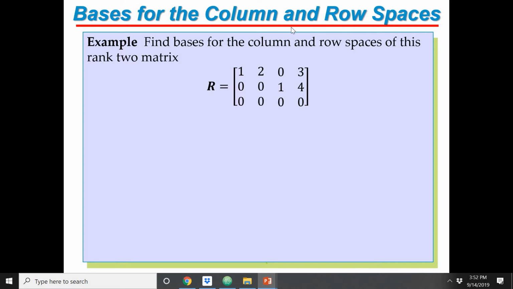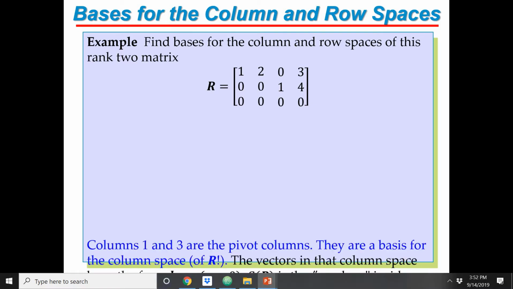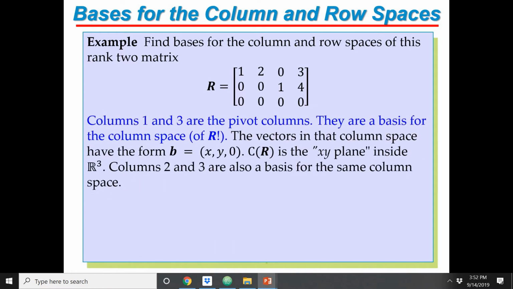Now, if you want to have a basis for the row space of A and R, you can take as a basis the vectors 1, 2, 0, 3 and 0, 0, 1, 4. That will be the same for both the row space of A and the row space of R. All right, so that's good enough.